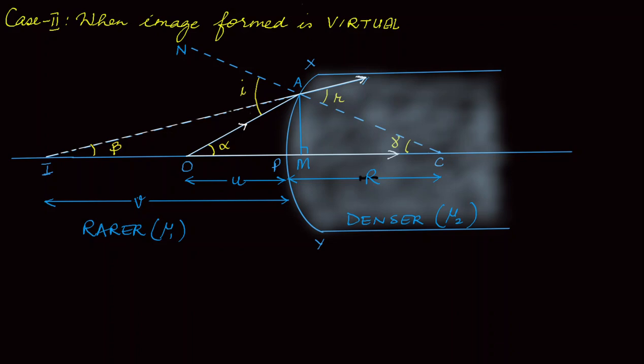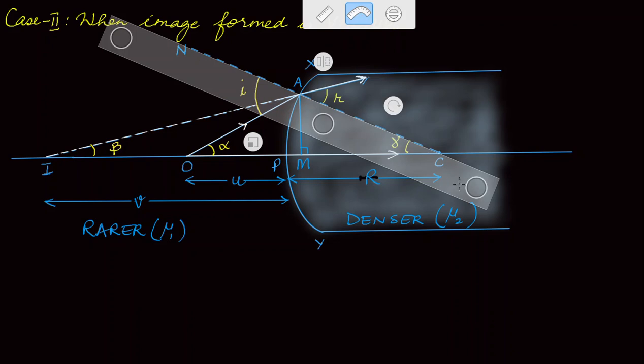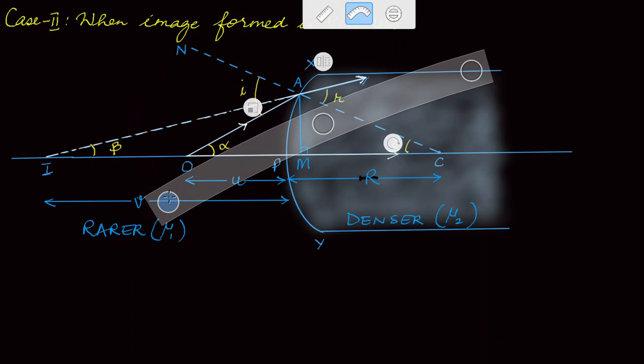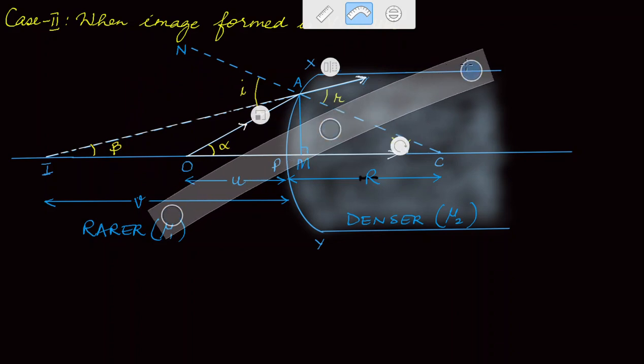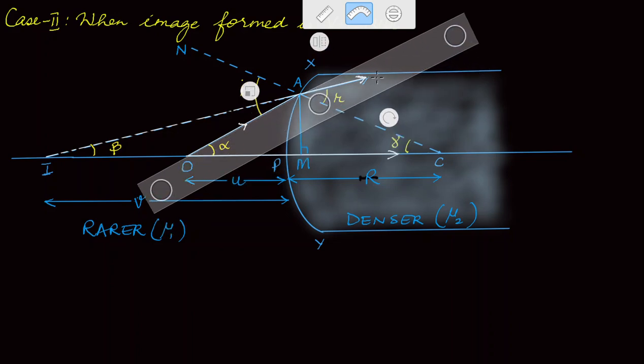now let me just show you using a ruler. I have this kind of a ruler, so just have a look here. Instead of this ray of light going straight, it bends now. Do you see? Just look at this line here.